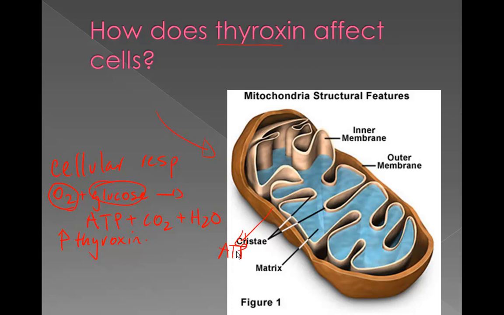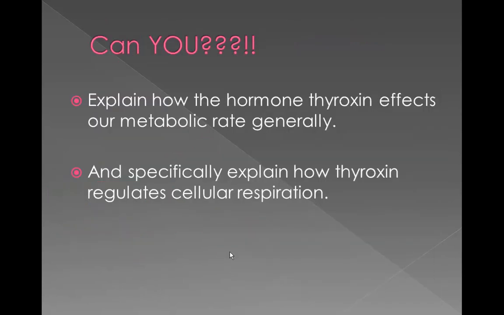This means that my breathing rate would go up, my heart rate would go up, and my ability to run a little faster would be enhanced because of the production of ATP. So we want to think of how thyroxine can affect us on an overall body metabolic rate, but we also want to consider how it would affect our cells and specifically the mitochondria. So that's the summation of the screencast.